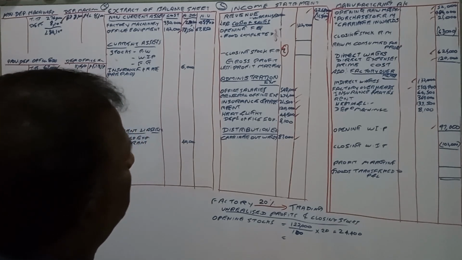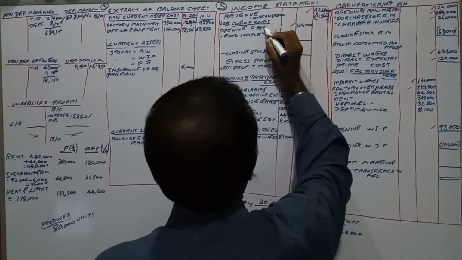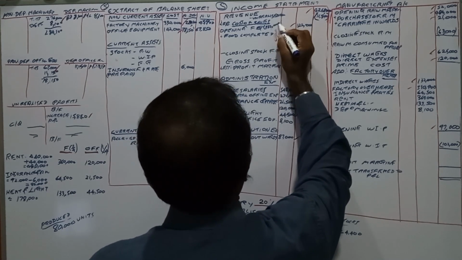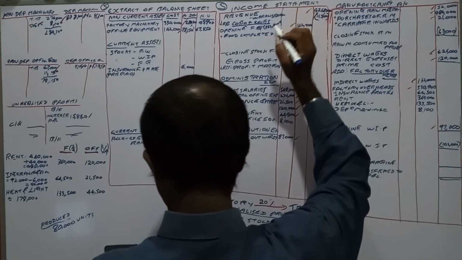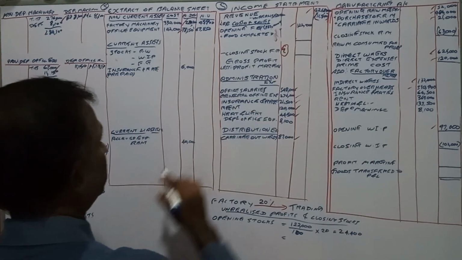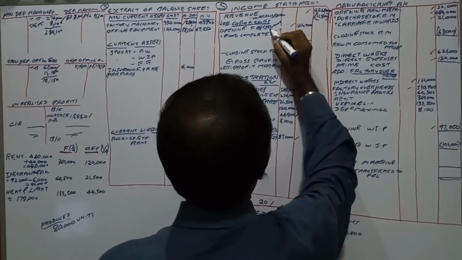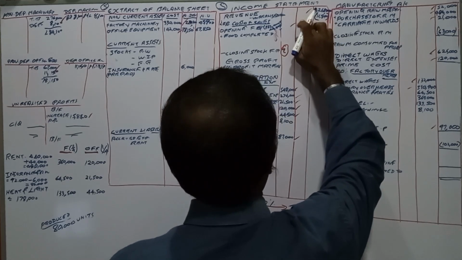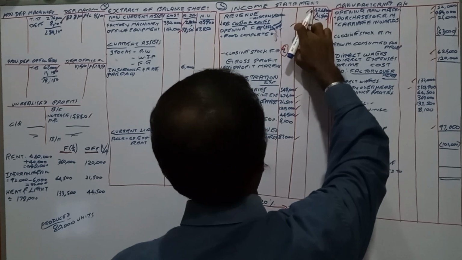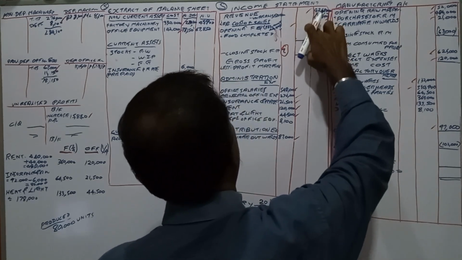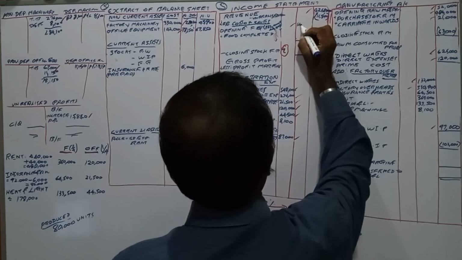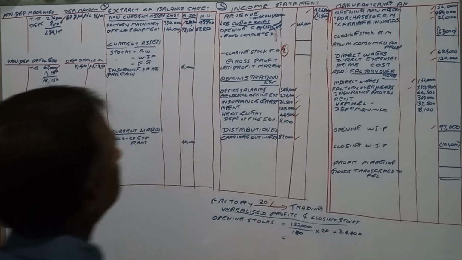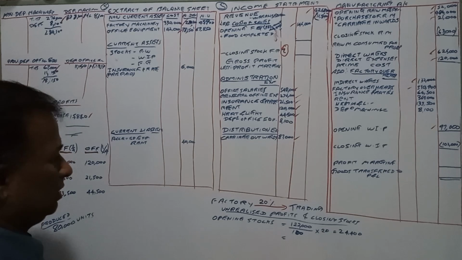That means 122,000 plus 24,400, which is 146,400. Opening stock, right?